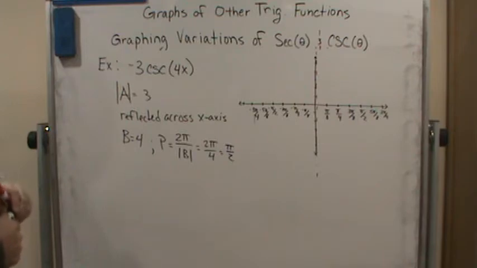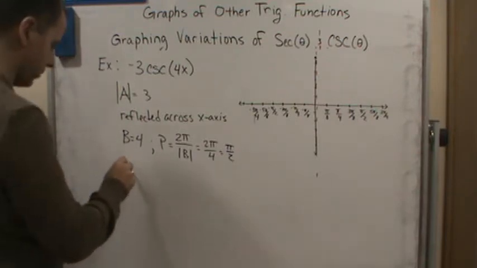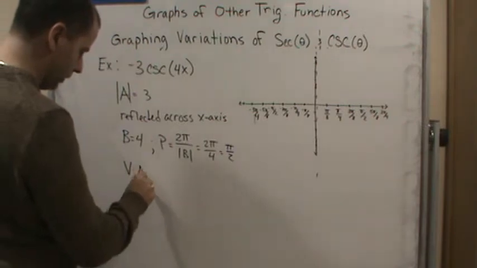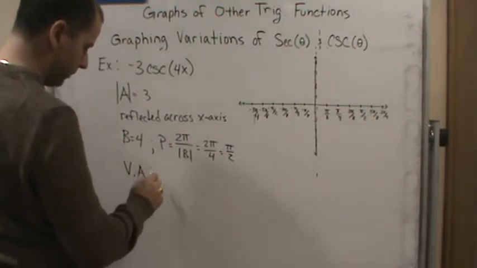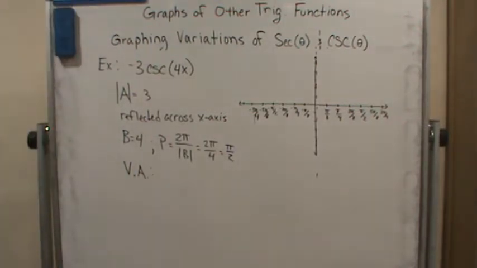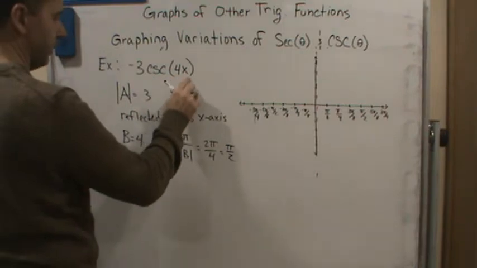So where are the vertical asymptotes located? Those are going to be located whenever this argument is 0.